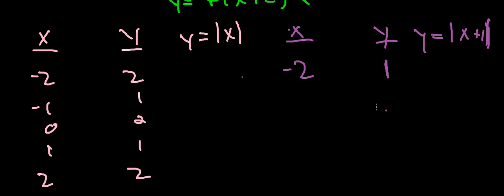And this will make sense once we've graphed it. So minus 1, add 1, take the absolute value 0. 0, we add 1, take the absolute value 1. 1, add 1, take the absolute value 2. 2, add 1, take the absolute value 3. So let's graph this and then we'll talk about it some more.